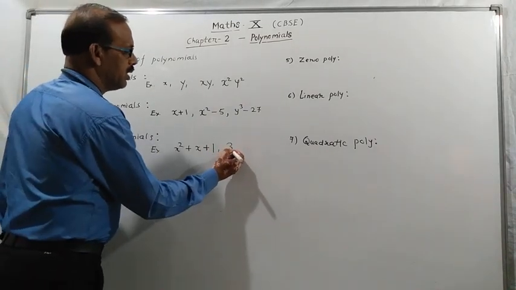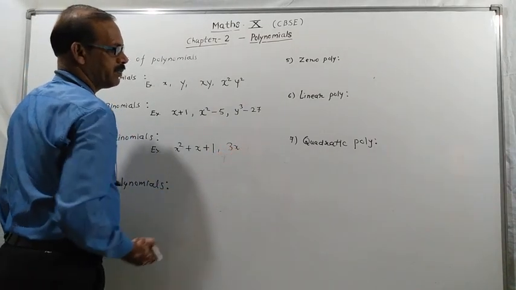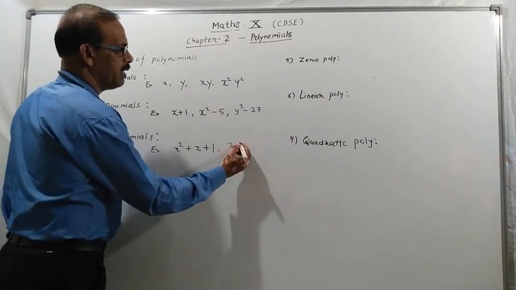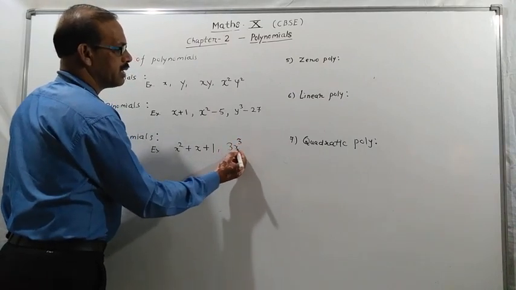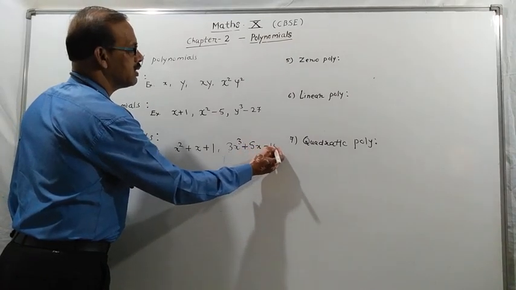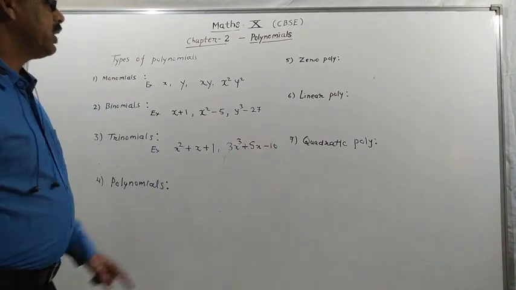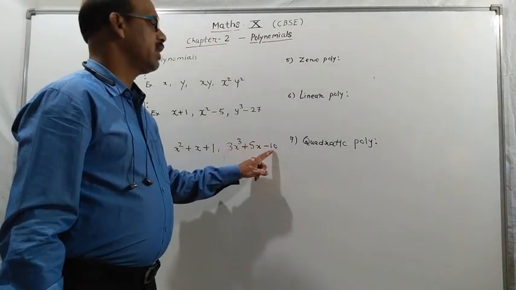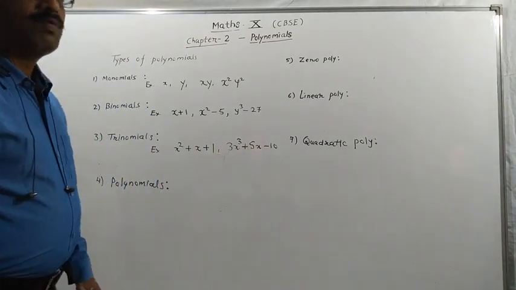One more example, using a coefficient with the variable: 3x cube plus 5x minus 10. This also contains three terms, 1, 2 and 3, which is an example of a trinomial.